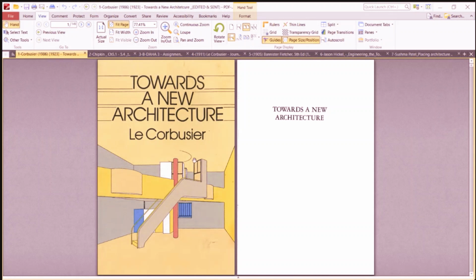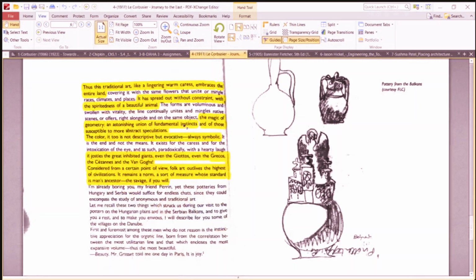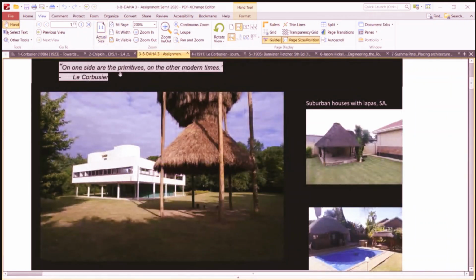But actually, in that story, who are you? In that story, you are the animal. You are the savage. You are the primitive. You are the opposite and the antithesis of that modern age.